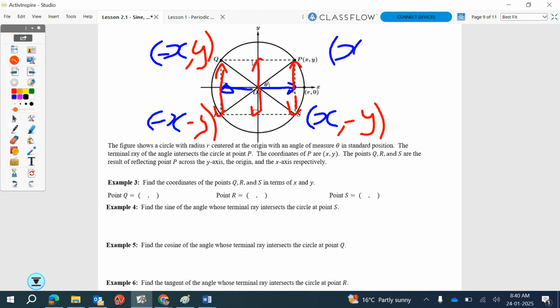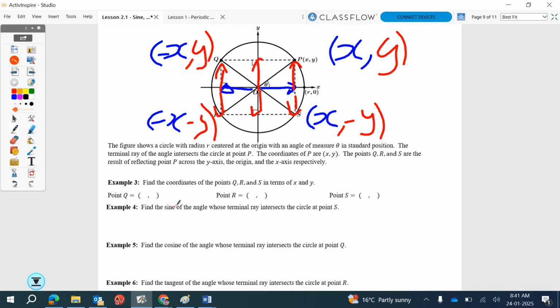This is x, comma, y. If you notice the cosine value here is positive, sorry, let me move on.